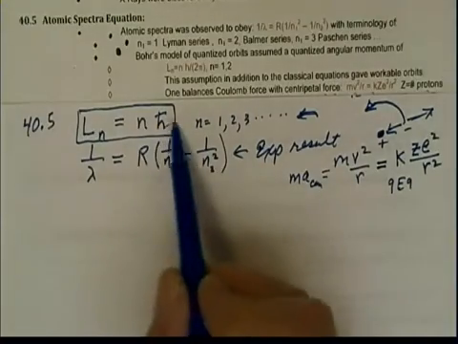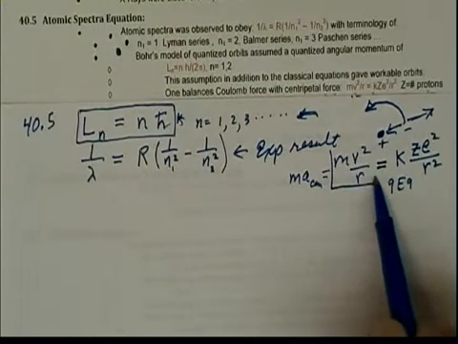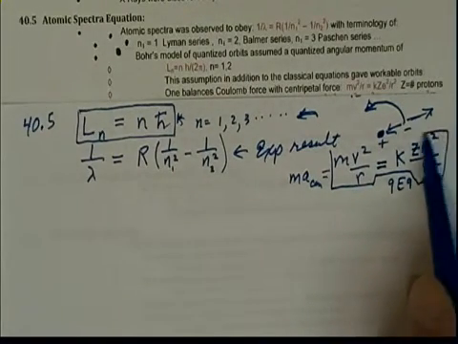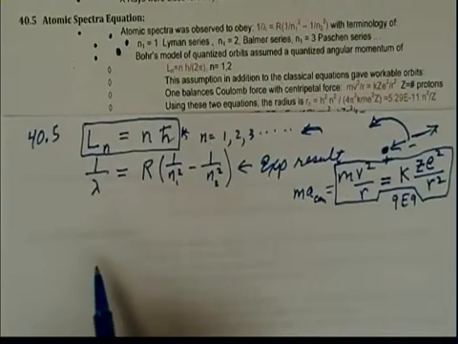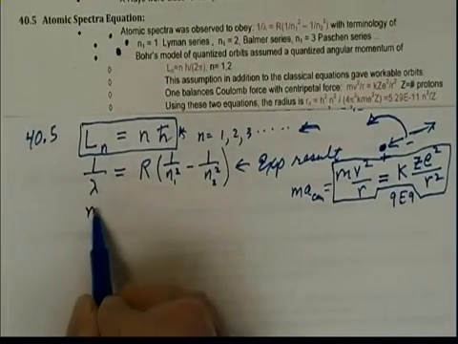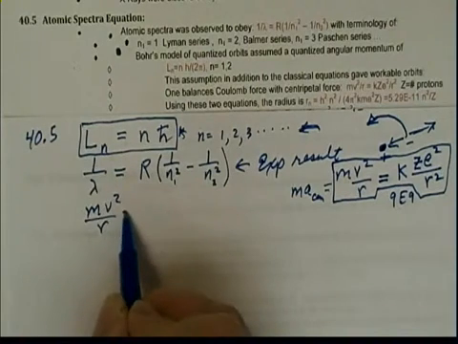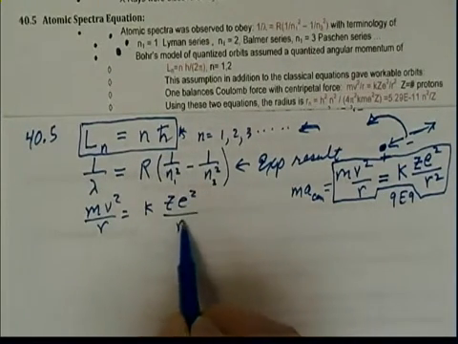Now we have, however, another equation, that of Bohr. And so now you have two equations in two unknowns, and we can get a definite answer on what orbits are allowed. So we come back to this equation: mv squared over r is equal to kZe squared over r squared.